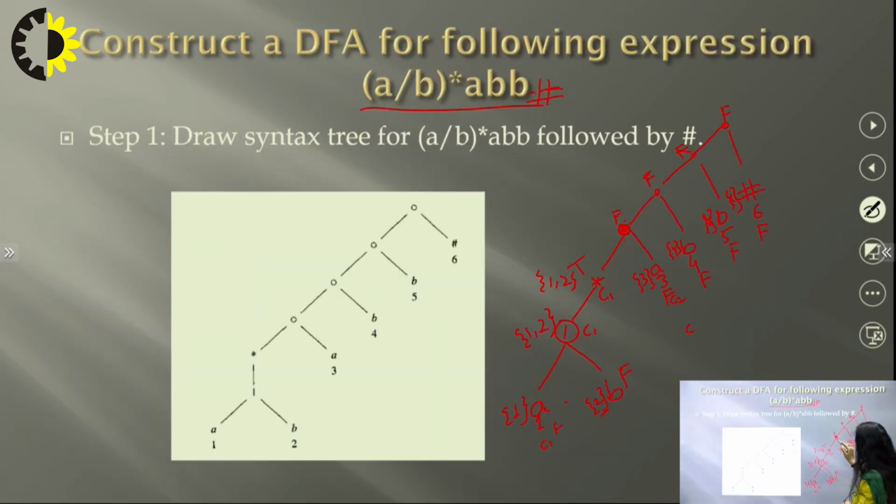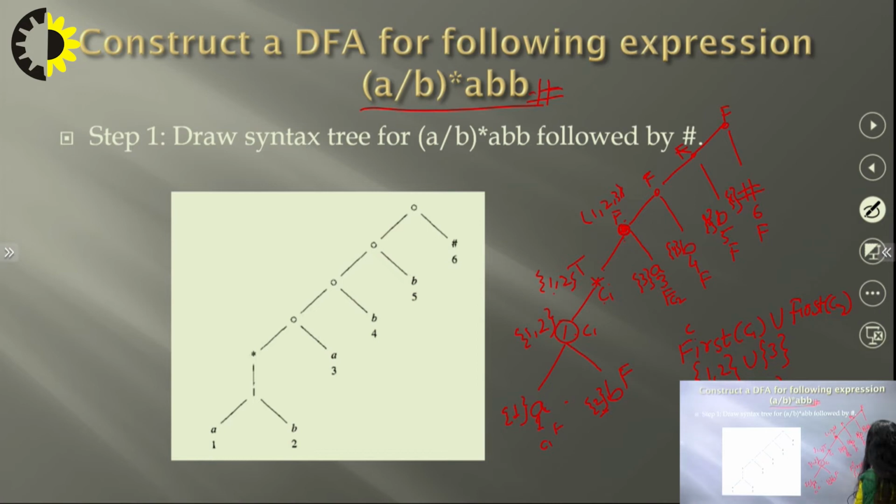C1 is star and C2 is A. Firstpos of C1 is 1, 2, union firstpos of C2 is 3. So the firstpos of the concatenate symbol is 1, 2, 3.